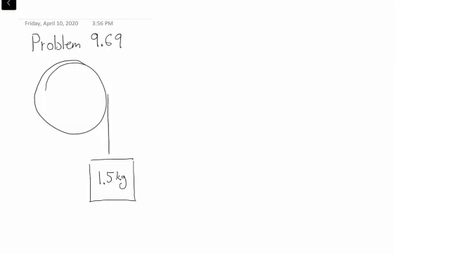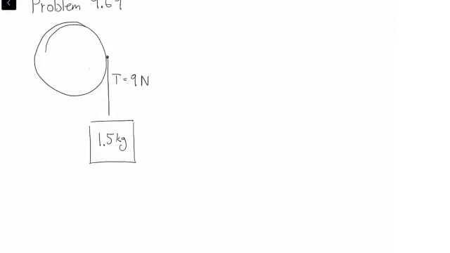The tension is 9 newtons, right? So if the block has a mass of 1.5 kilos and the tension is 9 newtons, then it's asking what's the kinetic energy of the wheel at 2 seconds, right?